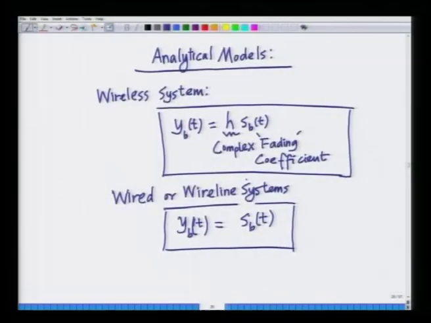All right. So, this completes one of the sections where we characterize the statistical behavior of the complex fading coefficient.